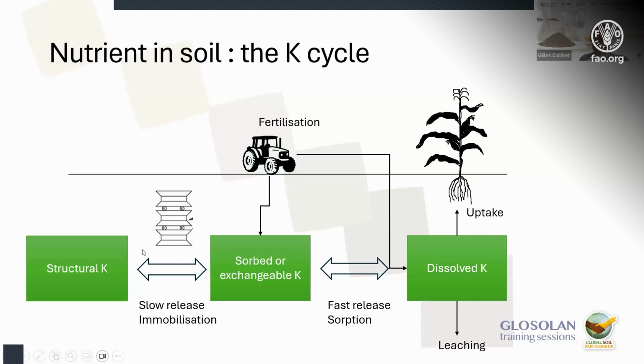So we have processes that must act on the dynamics of the slow release and fast release in order that the plant has enough potassium. Otherwise, the other needs will be taken into consideration by the fertilization process.